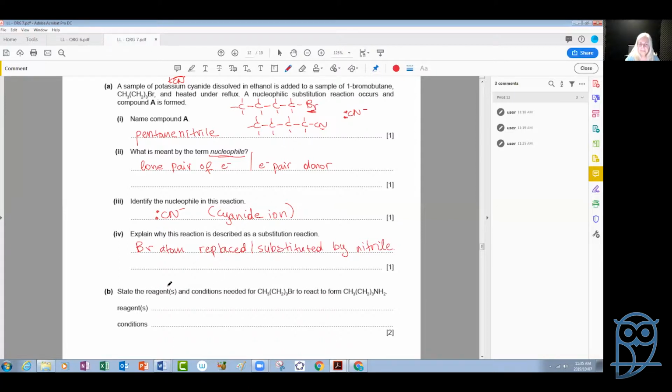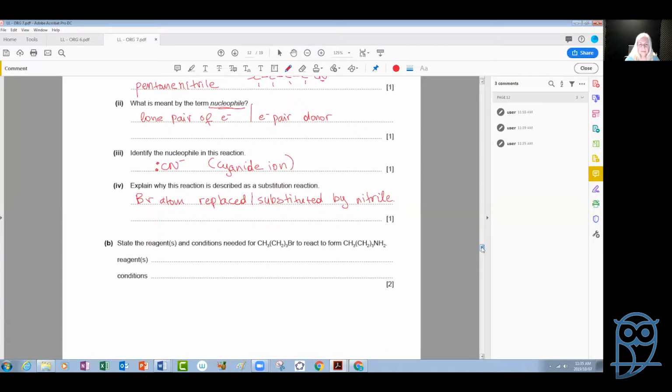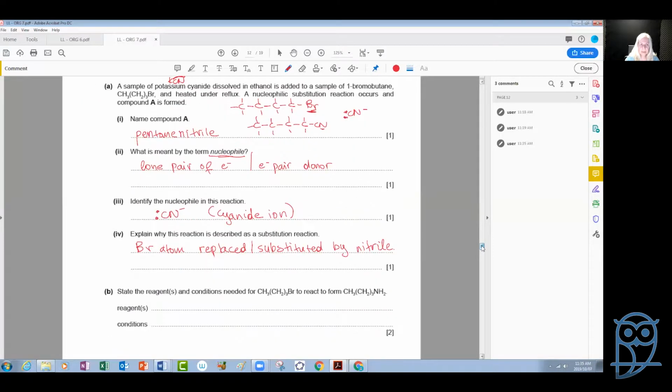All right, and the next question, which is the last one on this page. Okay, what does it say now? State the reagent or reagents and conditions needed for our compound, which was 1-bromobutane, to react to form this compound here, which is an amine, as we can see.